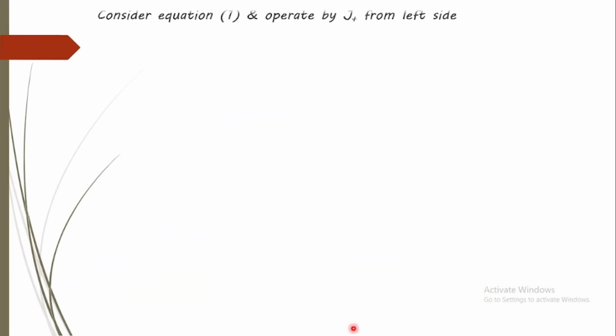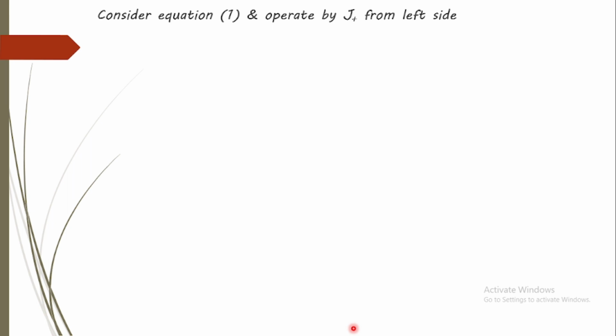And now we will consider equation number 1 and operate on it by j plus, the raising operator, from the left side. But why j plus is called the raising operator, we will study now.